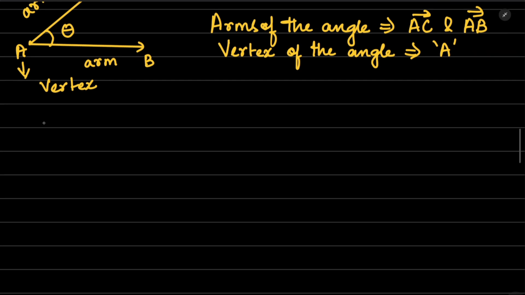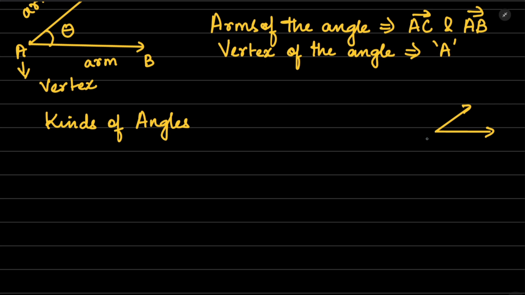Now there are different kinds of angles. The very first angle is called an acute angle. If it is less than 90 degrees, then it is called an acute angle.